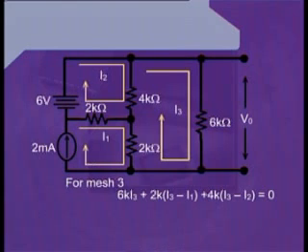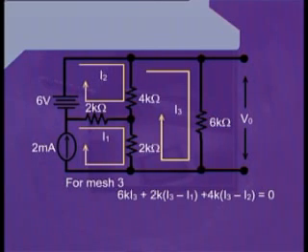After writing this term, we proceed in the clockwise direction and reach at the resistance having a value of 2 kilo ohms. Now as we reach there, we can see that there are two currents which are flowing through the 2 kilo ohm resistance. One of these currents is I1 and the other one is I3.